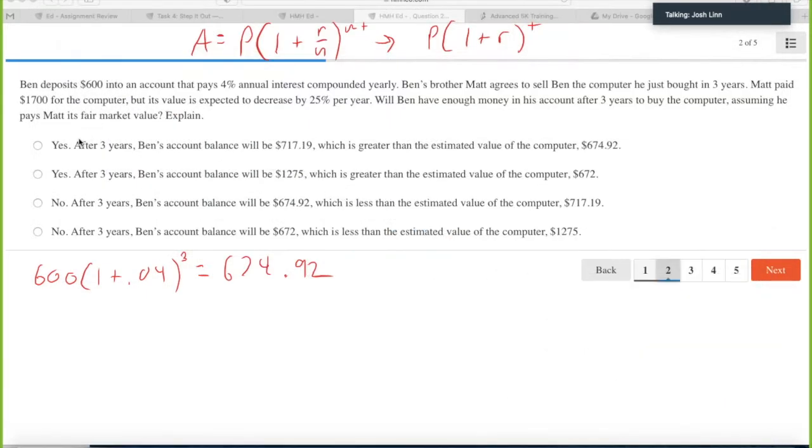So now we need to figure out the cost of the computer. The cost of the computer is the exact opposite of our function, right?